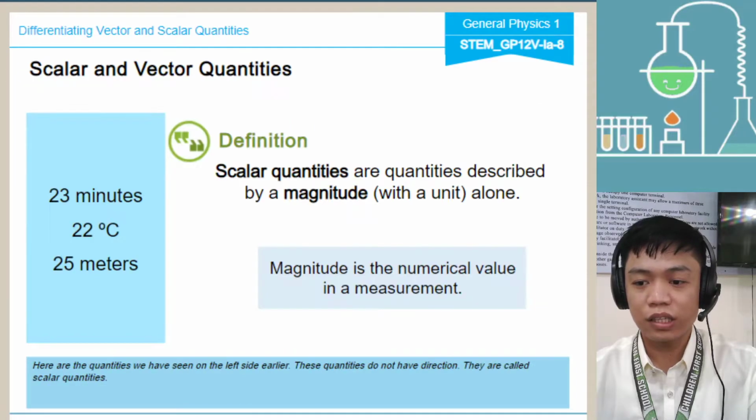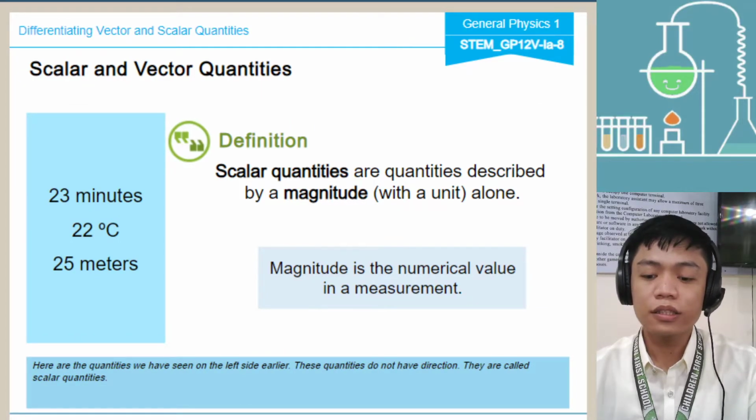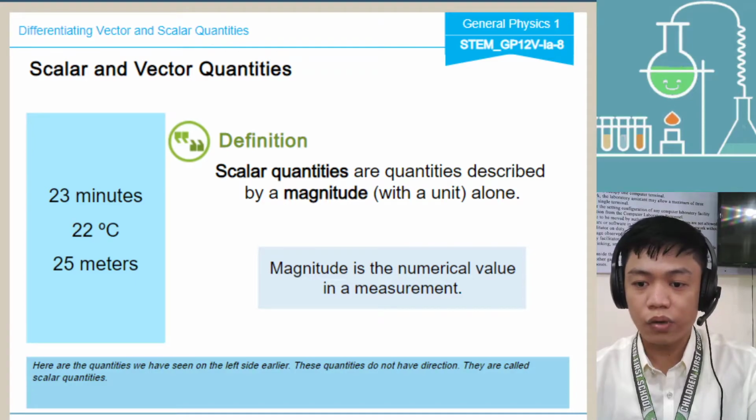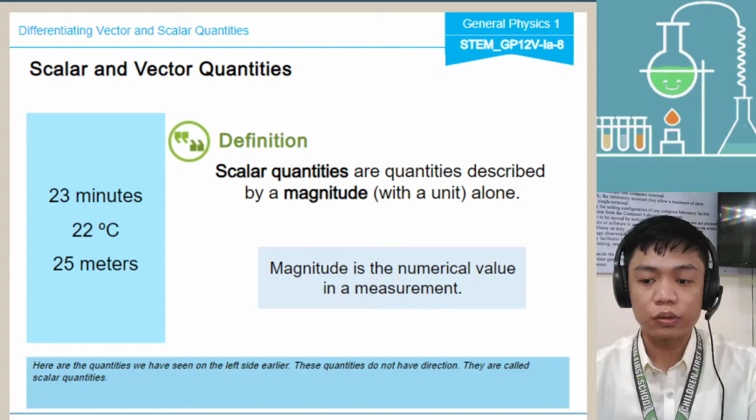So let's continue. Our lesson today is all about scalar and vector quantities. Scalar quantities are quantities described by a magnitude, which means it has a unit alone. Magnitude is a numerical value in the measurement.